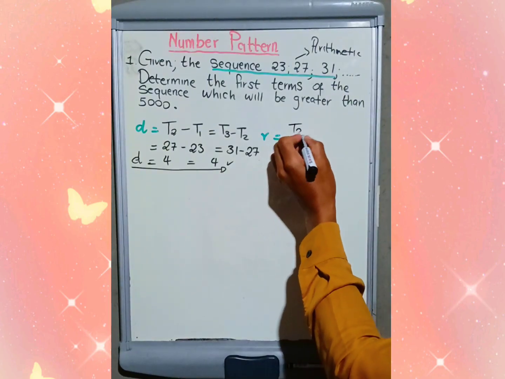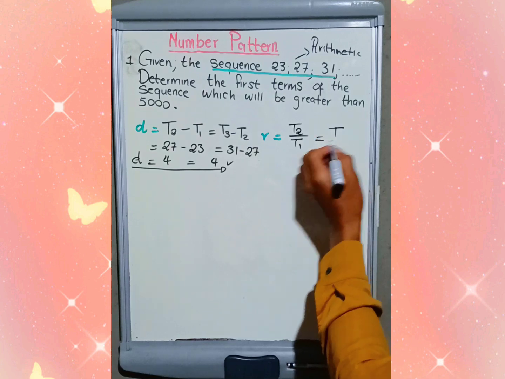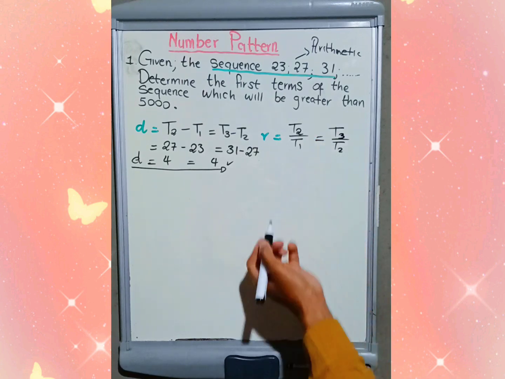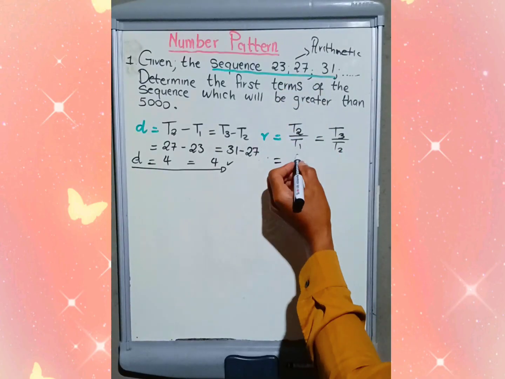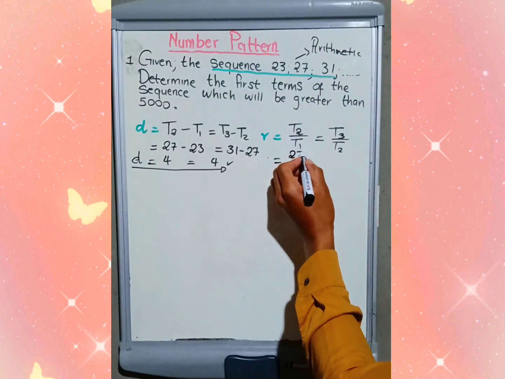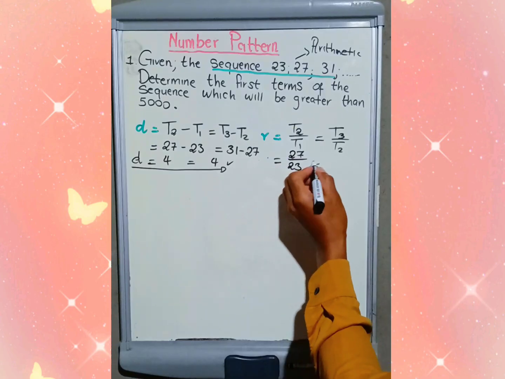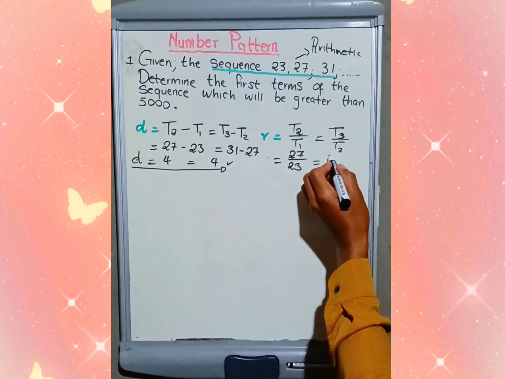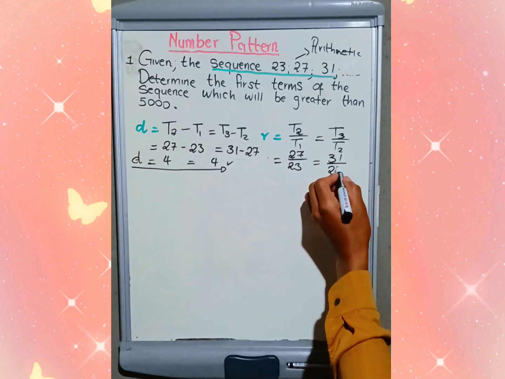We have a geometric formula: t2 over t1 must be equal to t3 over t2. Let's check that the value of r is going to be the same. t2 is 27 over t1, which is 23. Then t3 is 31 over t2, which is 27.